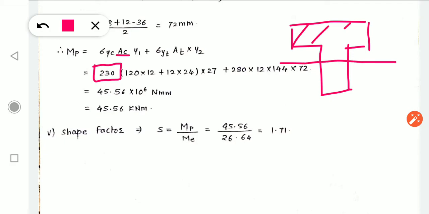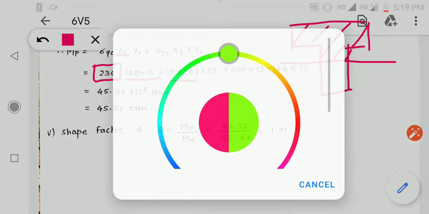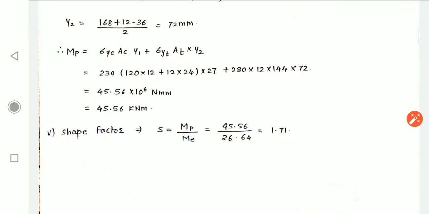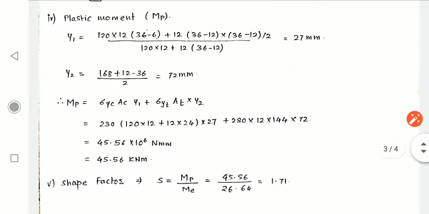This upper part is in compression and we are taking the area of it, which is 120 into 12 plus 12 into 24, comprising two separate parts. Therefore you are seeing two different values here. Add them, you will get the area on the compression side. Then multiply it with 27, because on the compression side we already calculated y as 27.